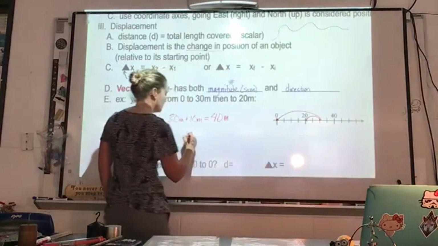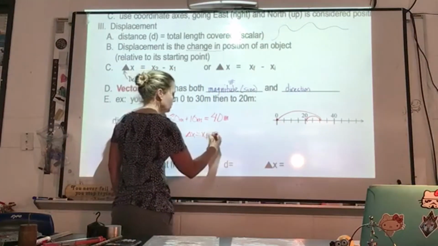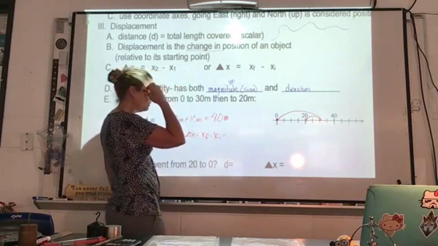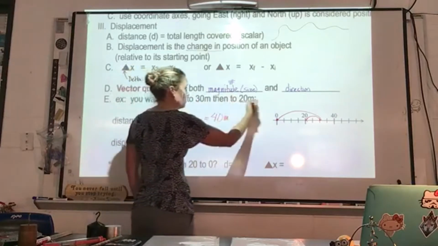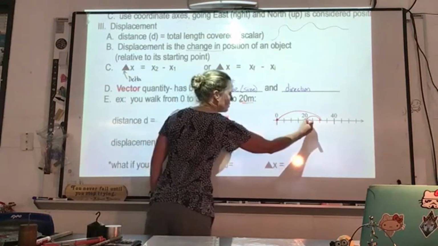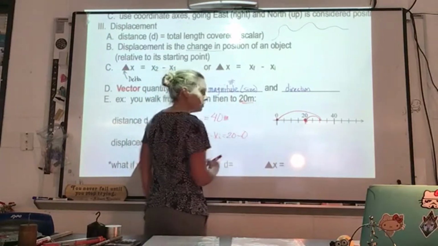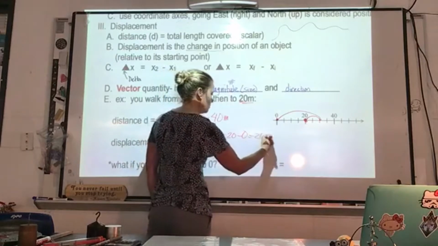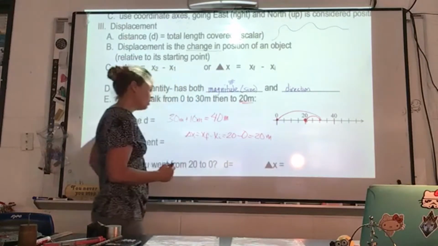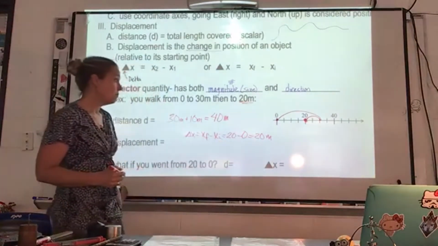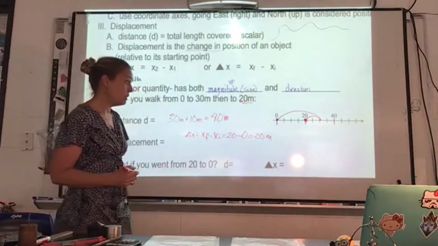Displacement, delta x equals x final minus x initial. My final position was what? Right there, 20. My initial position was 0. So there's my displacement. My displacement is 20 meters.